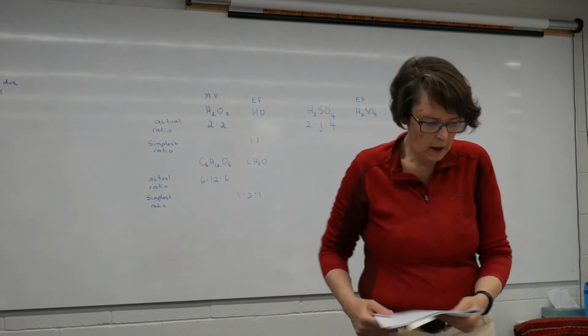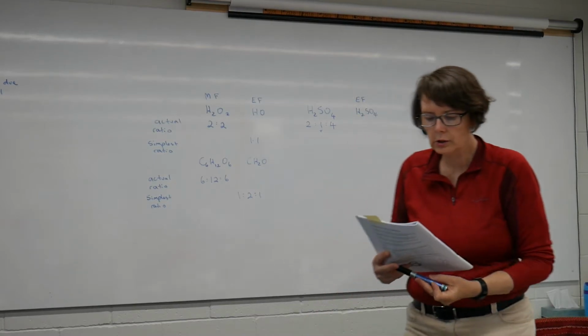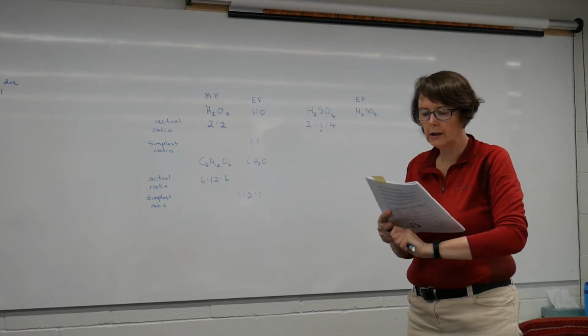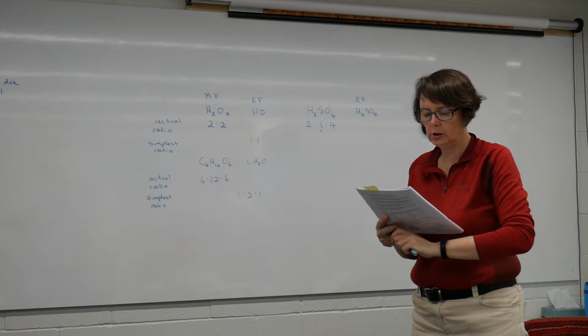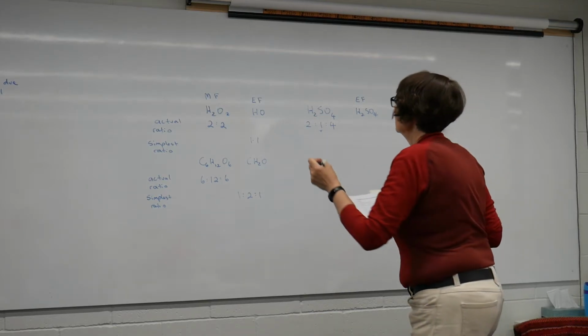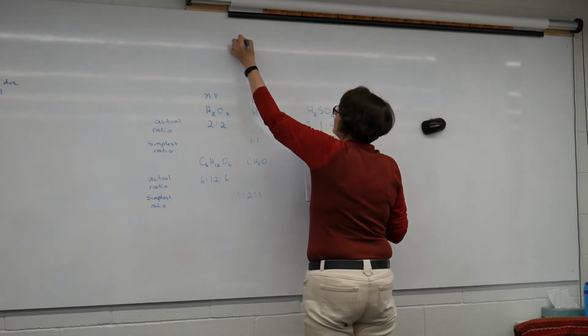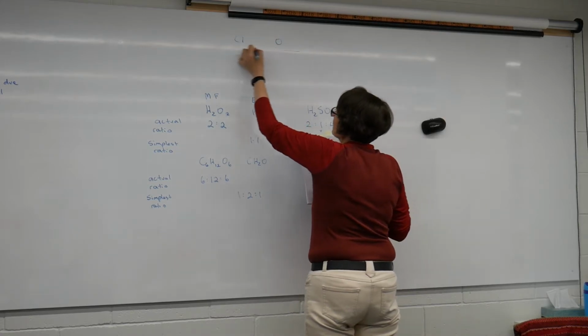Right. We're told that an oxide of chlorine contains 18.4% oxygen. So we've got chlorine and oxygen present.